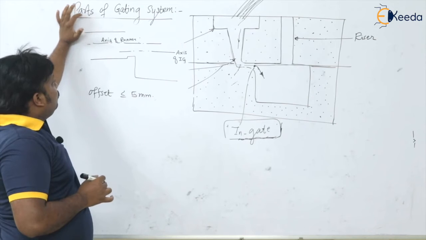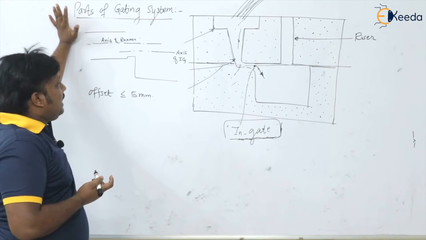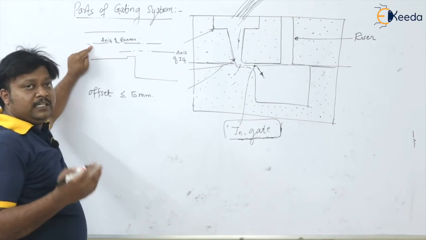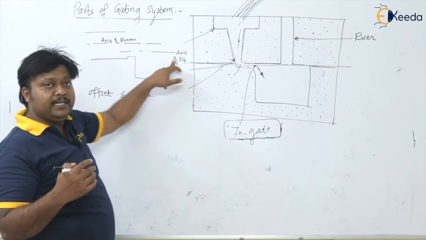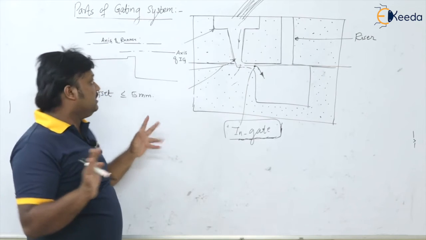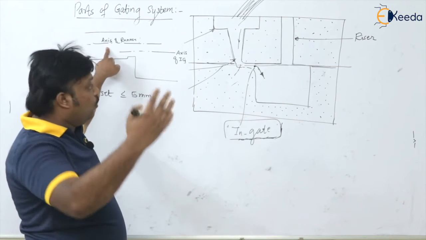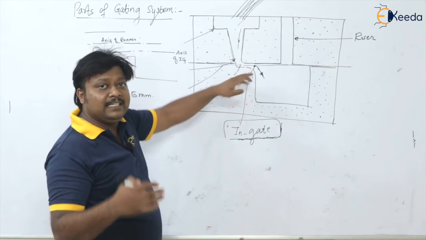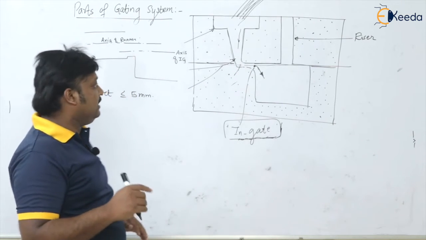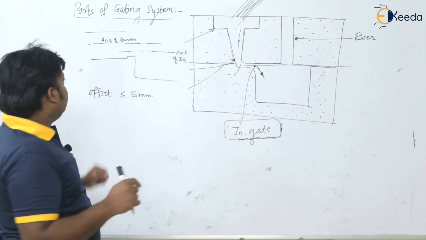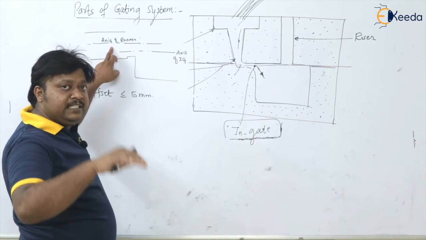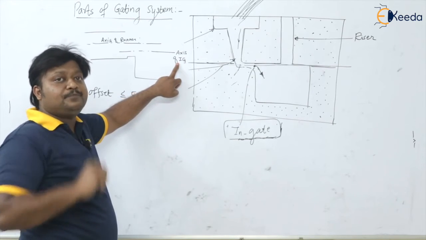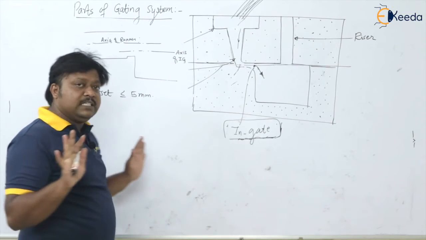So there are two possible cases. One is when the axis of the runner is above the axis of the ingate, that is, in simple fashion, the runner is in the cope and the ingate in the drag. The second case is the runner in the drag and the axis of the ingate in the cope. So these two cases are possible.